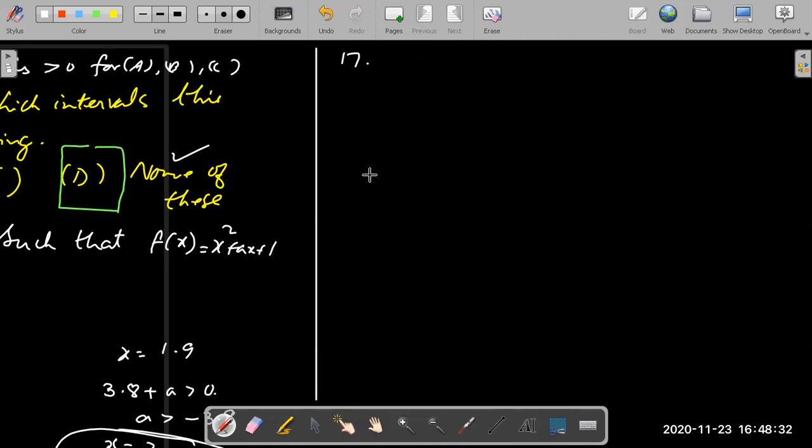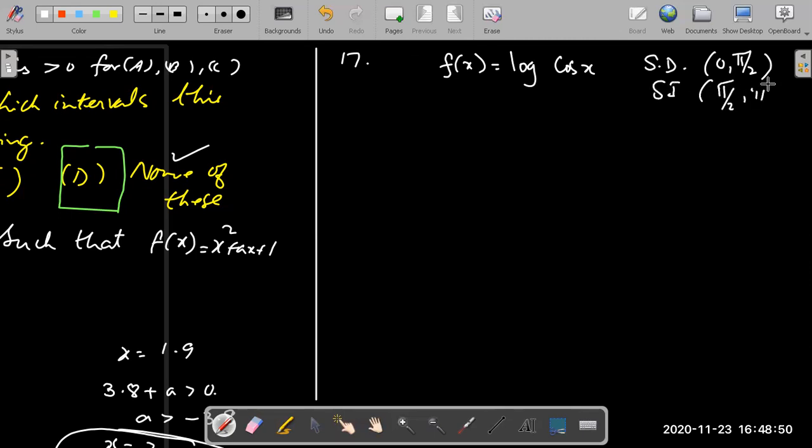So the same thing we have to prove the other way around for f of x equals log cos x, strictly decreasing over 0 to pi by 2, strictly increasing over pi by 2 to pi. So f dash x equals 1 by cos x multiplied by minus sin x, chain rule. So that's equal to minus tan x.